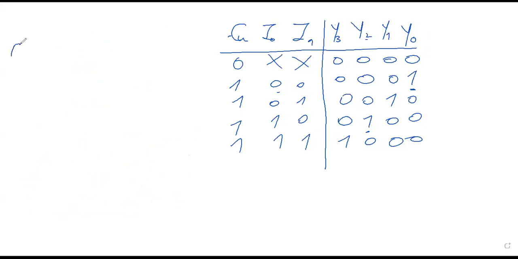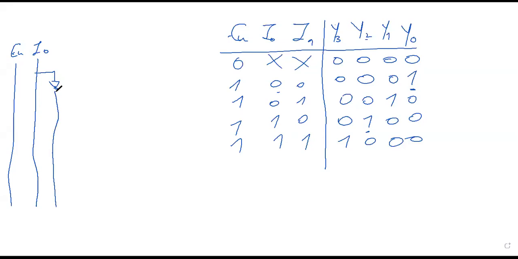It has the enable input, the I0 input and I0 not, the I1 input and I1 not. How many outputs do I have? I have 4 outputs: Y0, Y1, Y2, Y3.